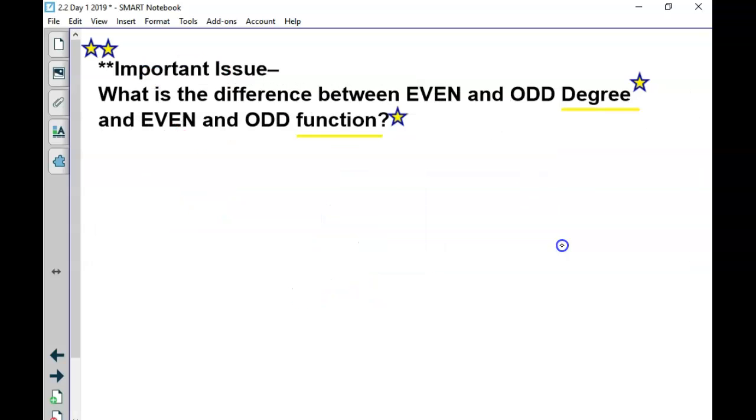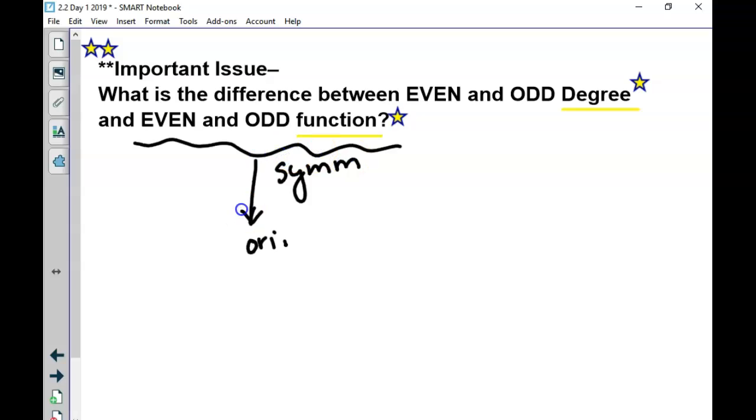All right, what is the difference between an odd degree and an odd function? Martin? Okay. This is about symmetry, and it's not. It's actually odd is origin symmetry, and even is y-axis symmetry.